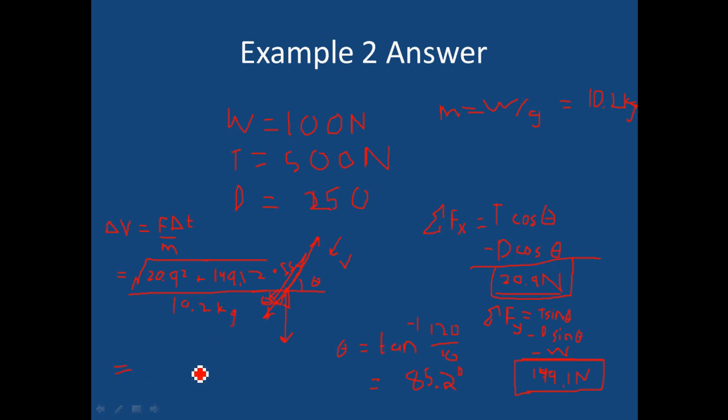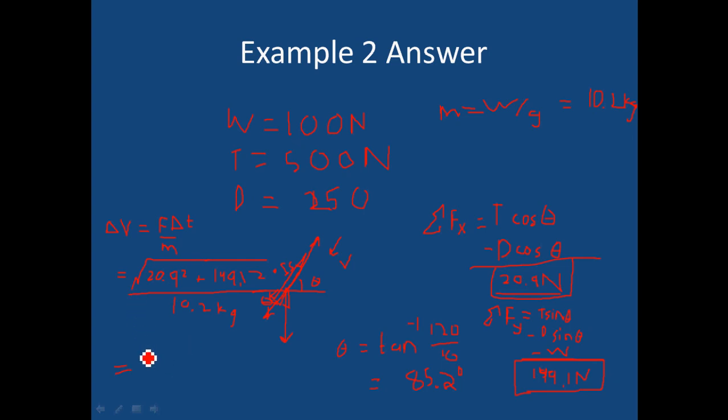And our final answer, oh, this is change in velocity, so you've got to add it to our initial velocity. The square root of 20.9 squared plus 149.1 squared times 5 seconds divided by 10.2. We get 73.8 is our change in velocity.